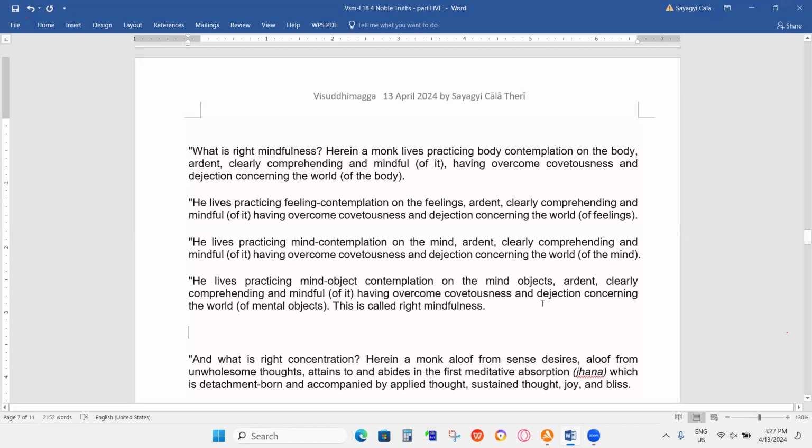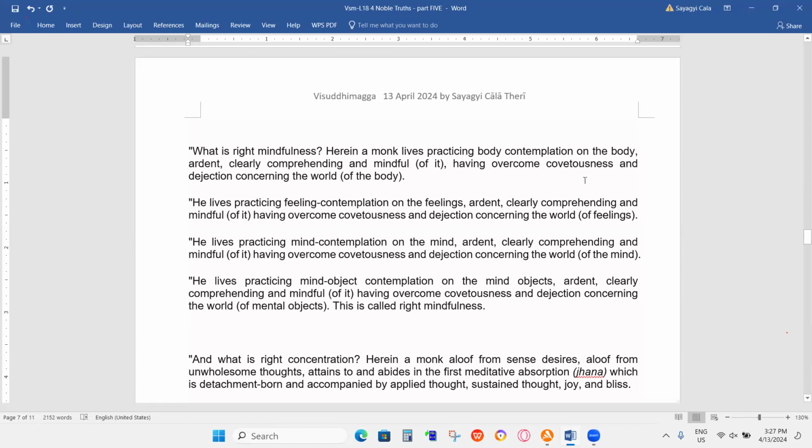What is right mindfulness? Herein, a monk lives practicing body contemplation on the body, ardent, clearly comprehending, and mindful of it, having overcome covetousness and dejection concerning the world of the body. He lives practicing feeling contemplation on the feelings, ardent, clearly comprehending, and mindful of it, having overcome covetousness and dejection concerning the world of feelings.